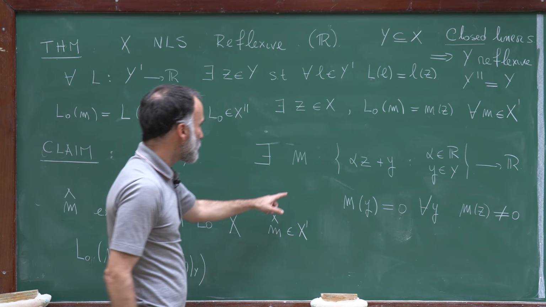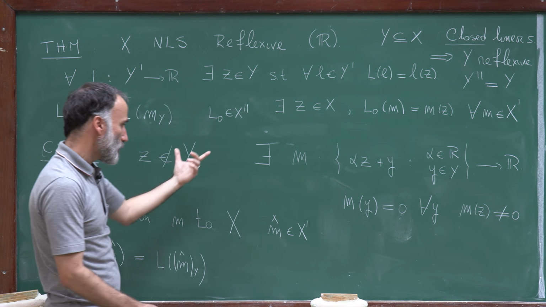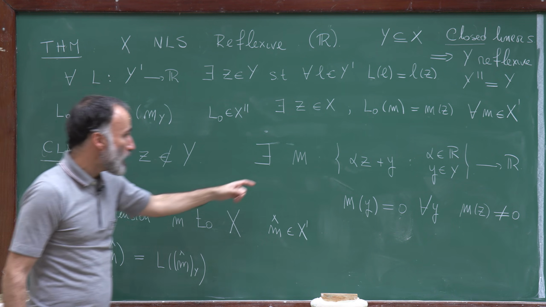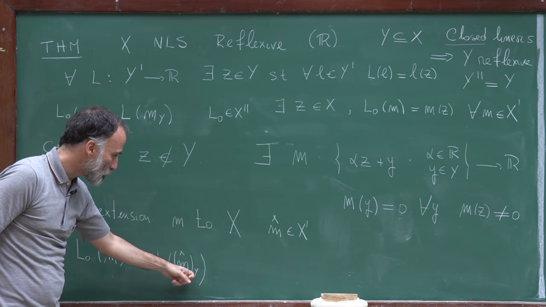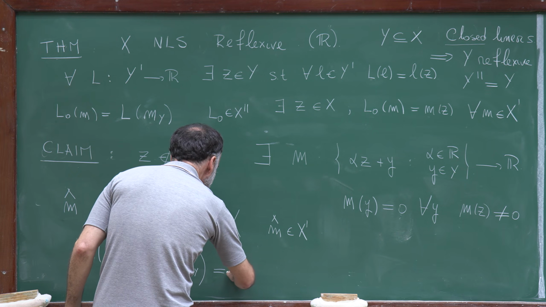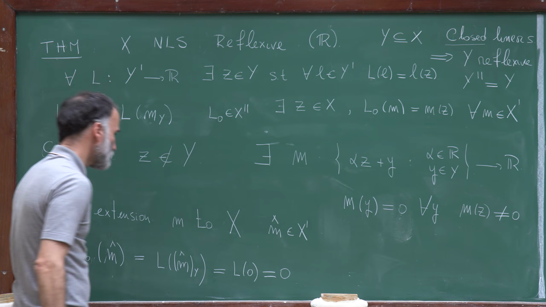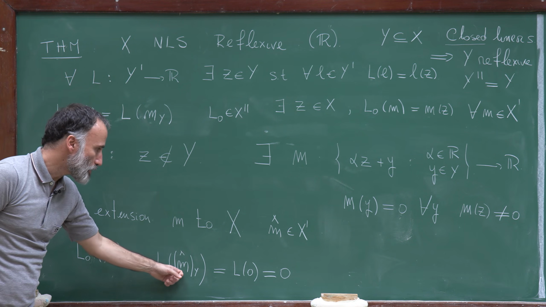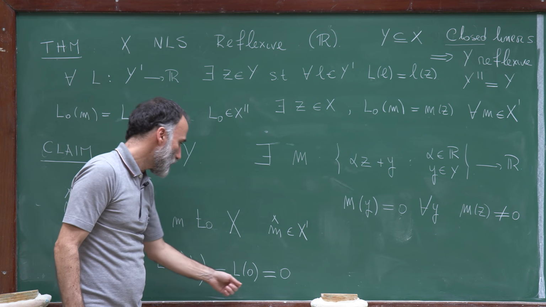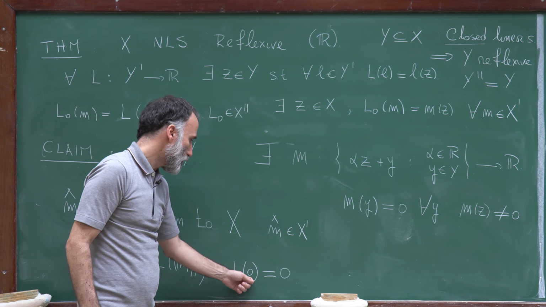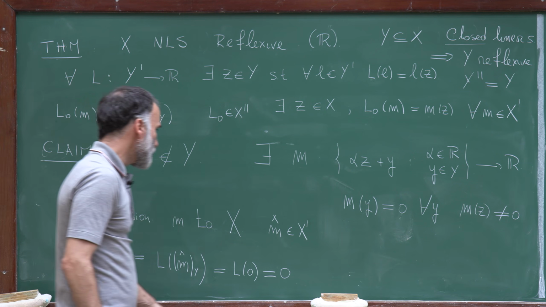And we know that the restriction of M hat to Y coincides with M because M hat is an extension of M. And M at Y vanishes, so the restriction of M hat to Y is 0. So this is equal to L of 0, and this is 0. Right? This restriction is just the bounded linear functional which is equal to 0 at every element. So it's the element 0 of Y prime, and therefore this is 0.